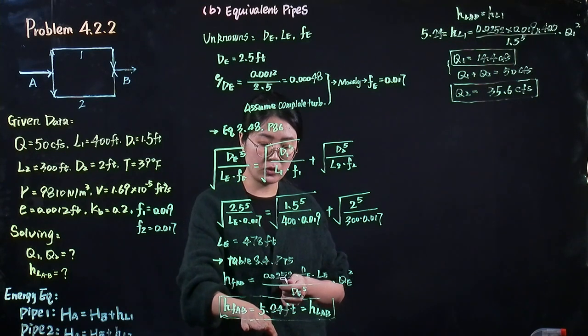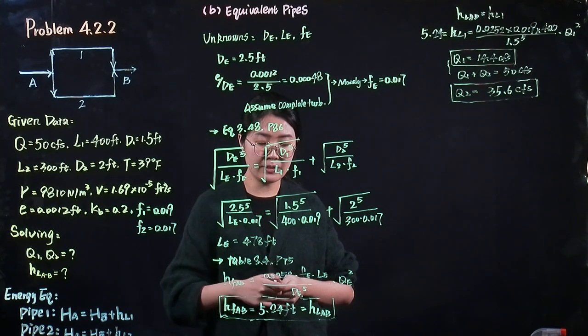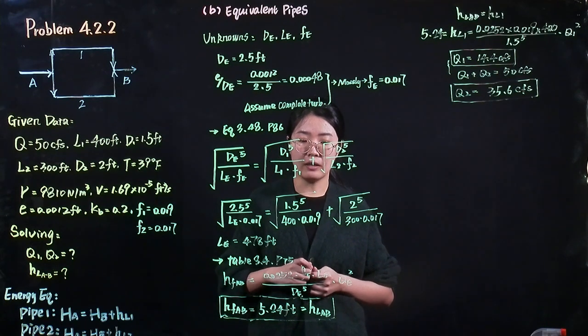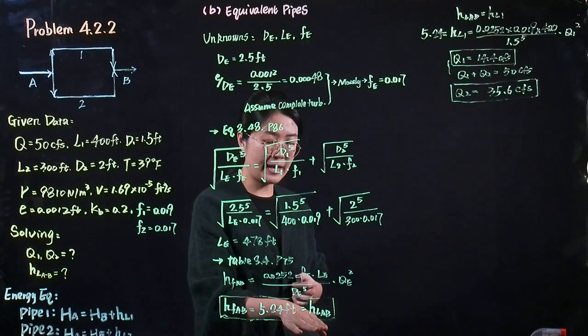It equals to 5.24 feet. Because in this method, we ignore the minor losses, the friction loss equals the head loss.